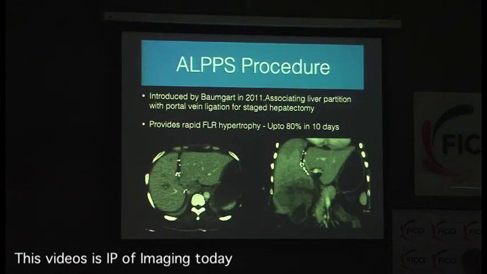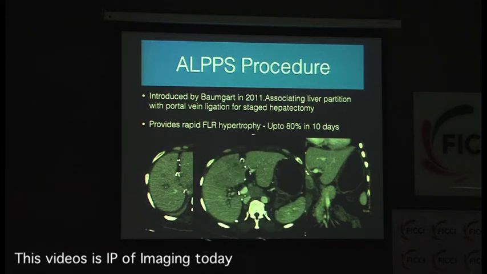Okay, now the other thing which surgeons did is do something called an ALPS procedure, because they like to take stuff away from radiologists, including interventional radiologists. So they said, if you can do that, I can do that as well. So what they do is, they open up the patient, they cut the liver, make it into 2 halves except the arteries, which they leave intact, and they put gel foam and polythene and whatnot into this, and they tie off the portal vein.